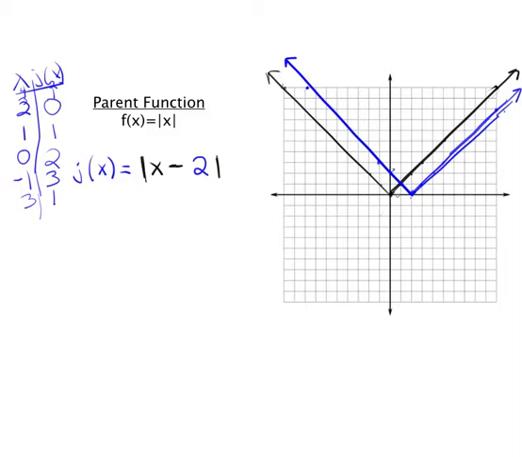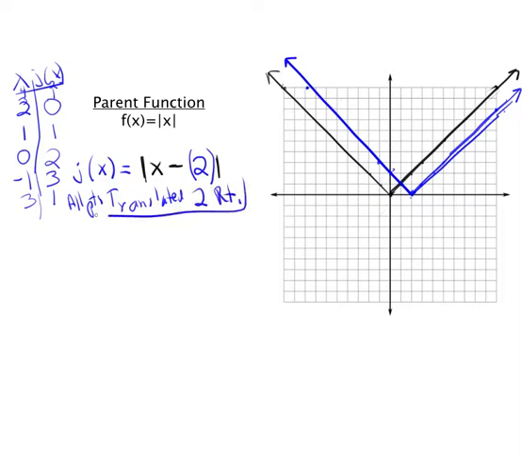So what has happened to all the points? We can look at our vertex and see that our vertex has translated. It has translated 2 units to the right, which would be the positive 2. That's why, if you look at the 2 in blue, I look at it as being positive. So all points translated 2 to the right.